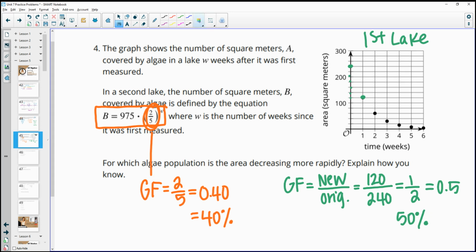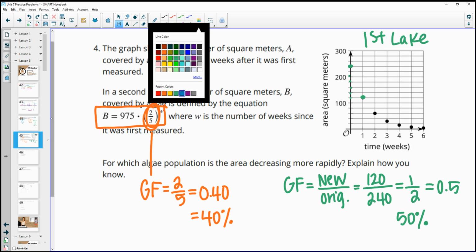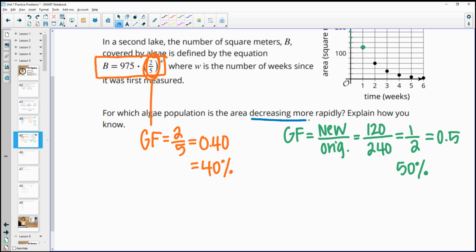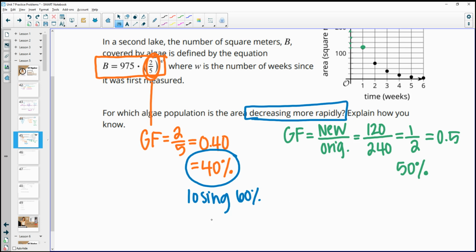So then this question asked us which area is decreasing more rapidly. So this is how much is remaining. So the smaller of these numbers is the one that's decreasing most rapidly, because this is losing 60% each hour, since it's retaining 40%, where this one is losing 50% each hour.